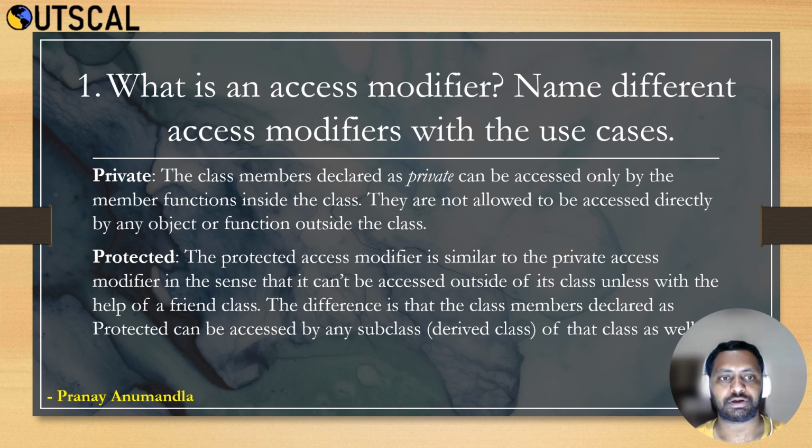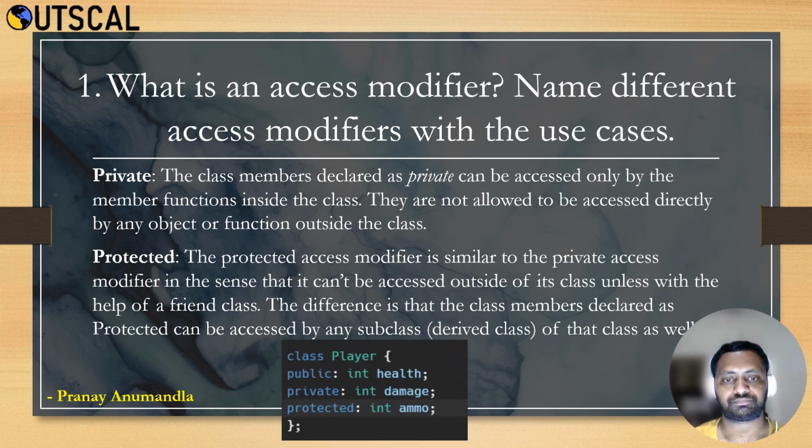The protected access modifier is similar to the private access modifier, but we can access these protected variables or functions by using the same protected keyword in the derived class as well. This is how we define access modifiers. These are the keywords used for access modifiers: three different keywords for three different access modifiers: public, private, protected.